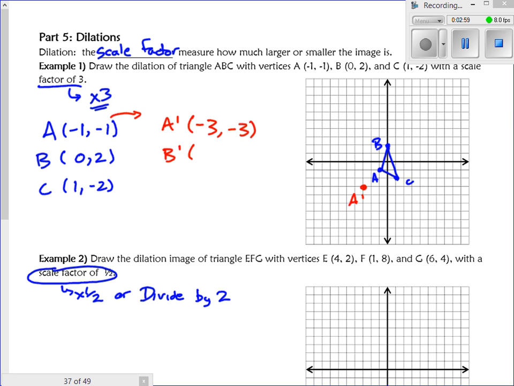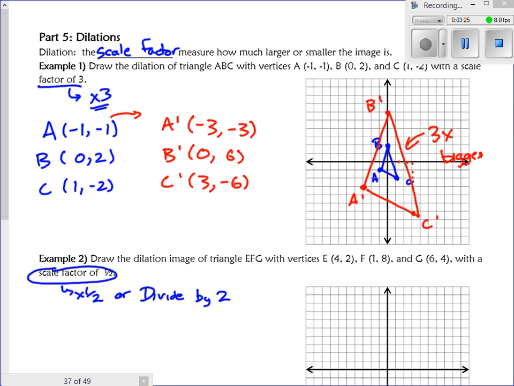B prime, 0 times 3 is 0, 2 times 3 is 6, so we're now at (0, 6). And then C prime becomes (3, -6). So 1, 2, 3, 1, 2, 3, 4, 5, 6. So now we've got C prime. You can see it makes it a much bigger triangle. In fact, the red one is going to be 3 times bigger.